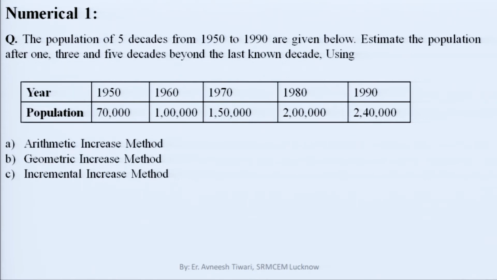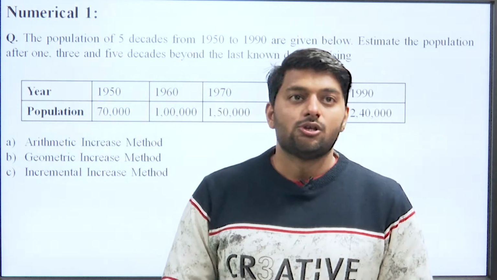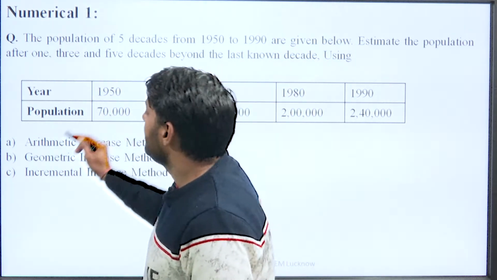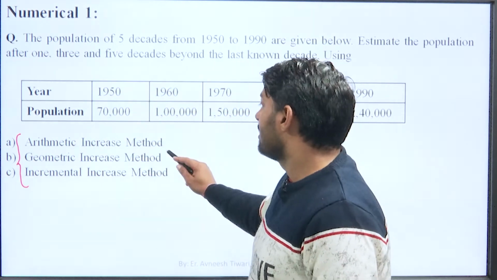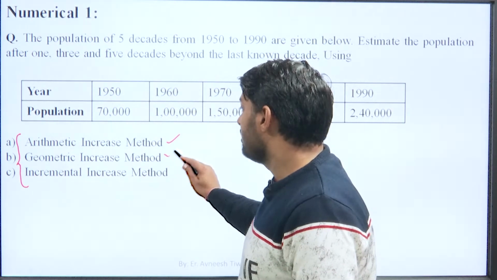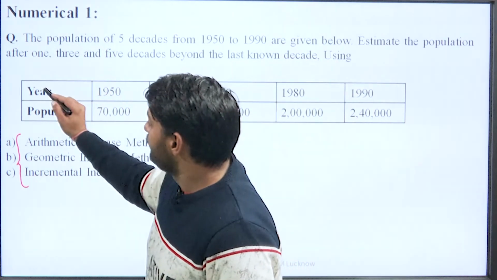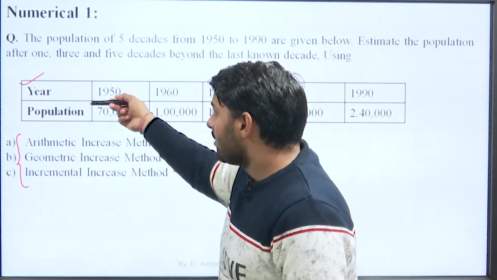कमिंग टू नेक्स्ट इज न्यूमेरिकल रिलेटेड टू पॉपुलेशन फोरकास्टिंग. So what we are going to do, we are going to estimate the population by using these three different methods. First one is arithmetic increase method, geometric increase method, incremental increase method, and the data which we are using is year versus population data.